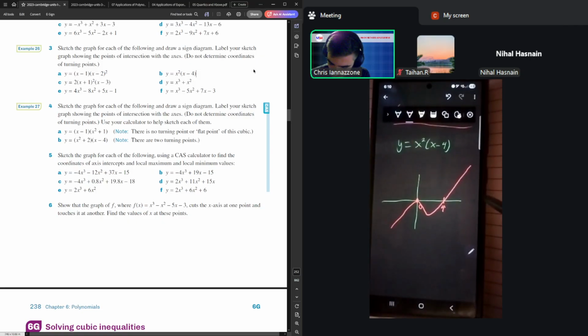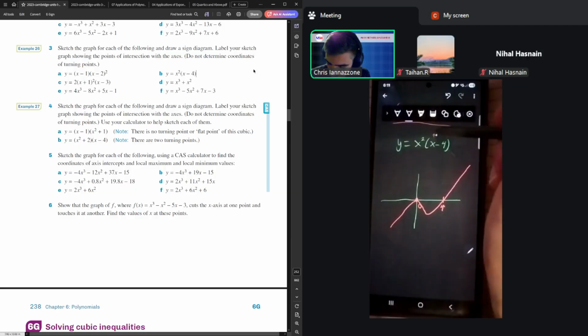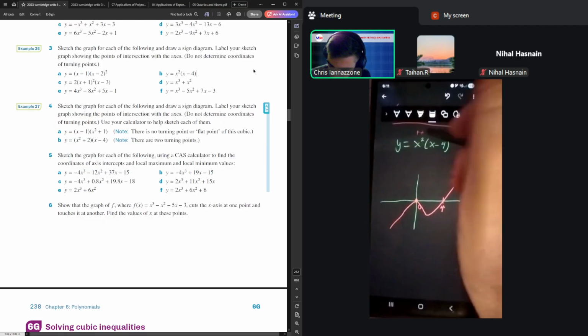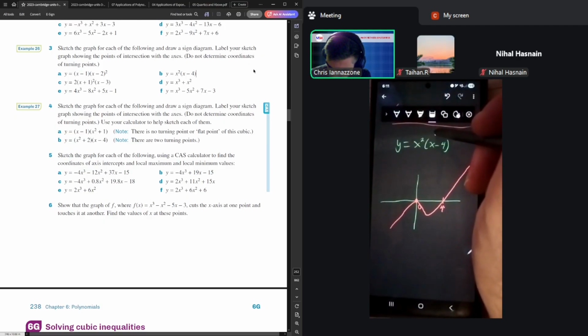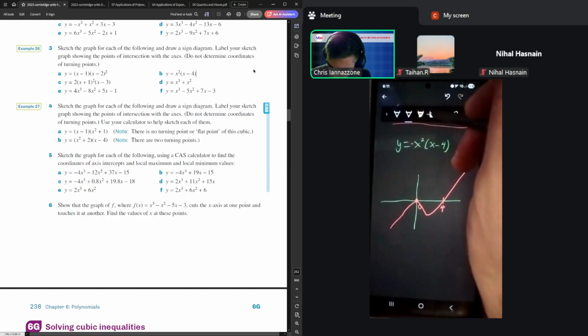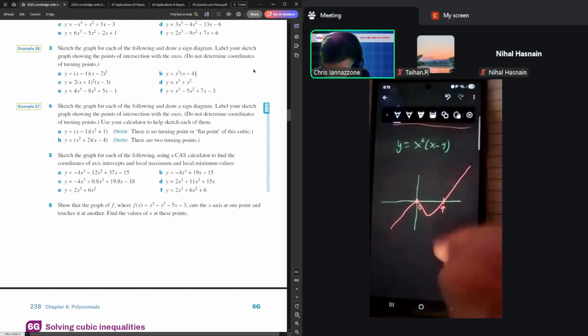Perfect, that's exactly right. Bottom left because it was net positive. There's a positive there, there's 2 positives there. That's a net positive cubic. If you had a negative here, it would flip, but otherwise, perfectly fine. No notes.